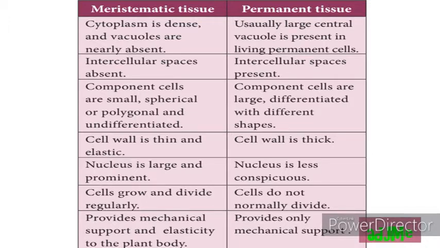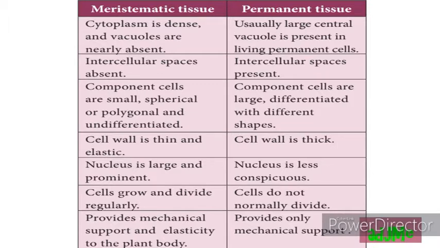In meristematic tissues, cells may be small, spherical, or polygonal, but the main characteristic is that they are undifferentiated. But permanent tissues are differentiated.